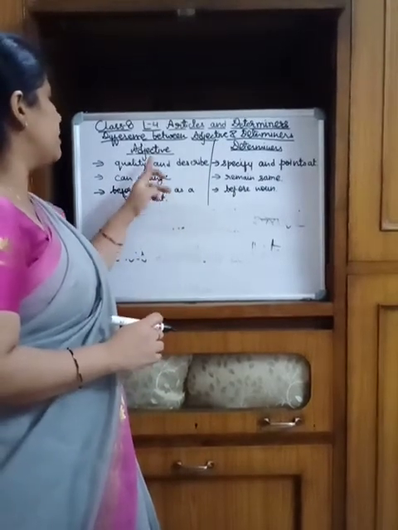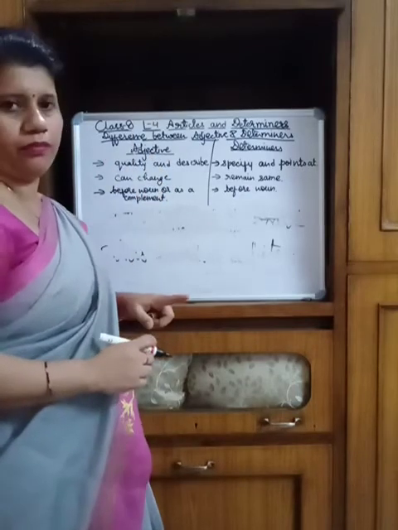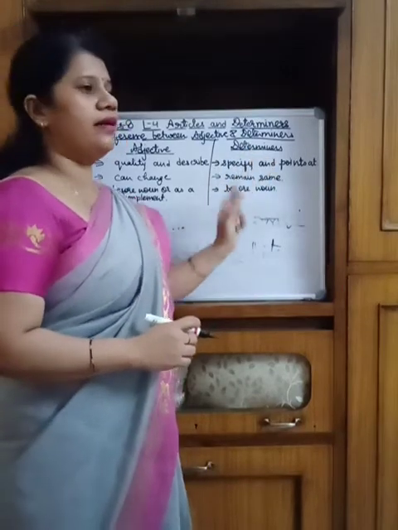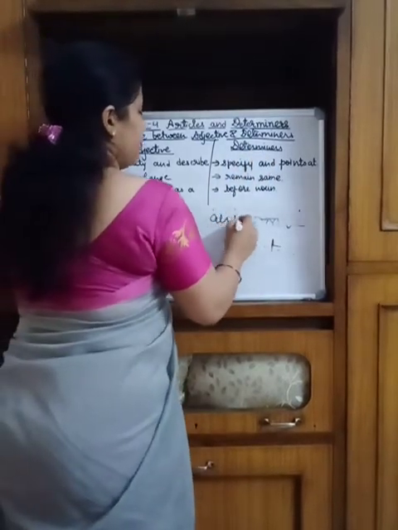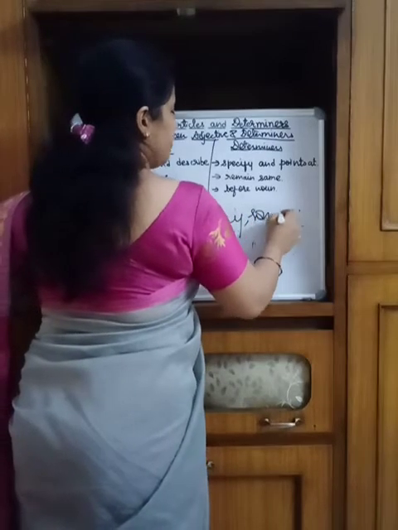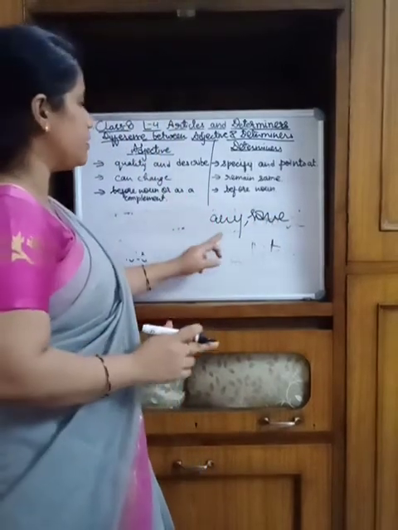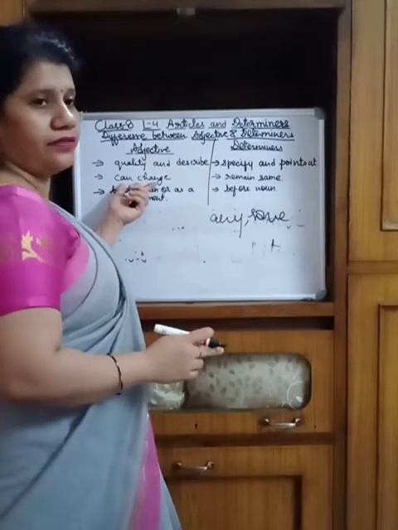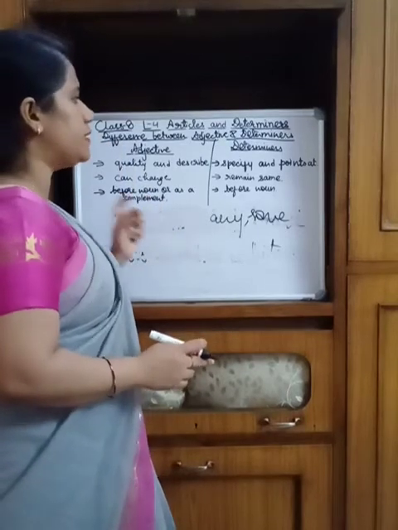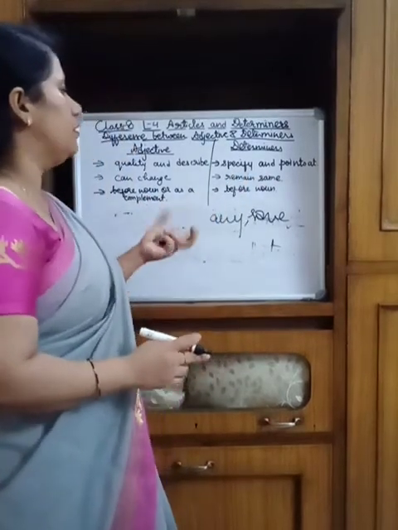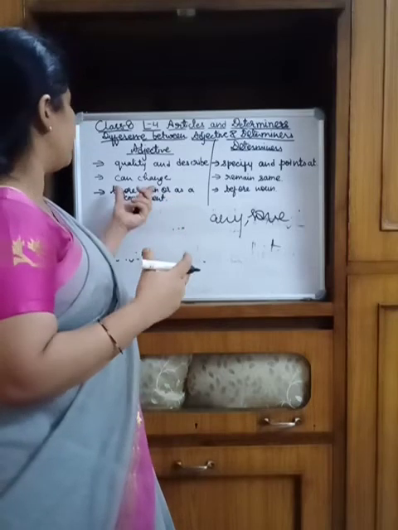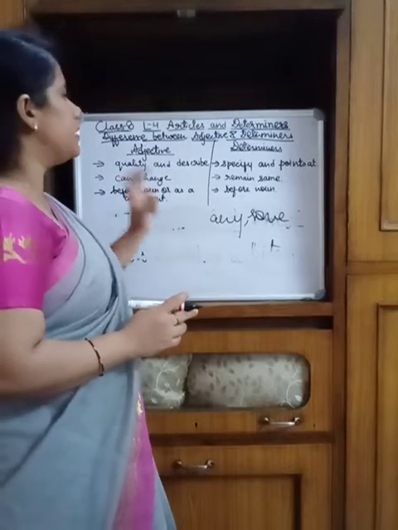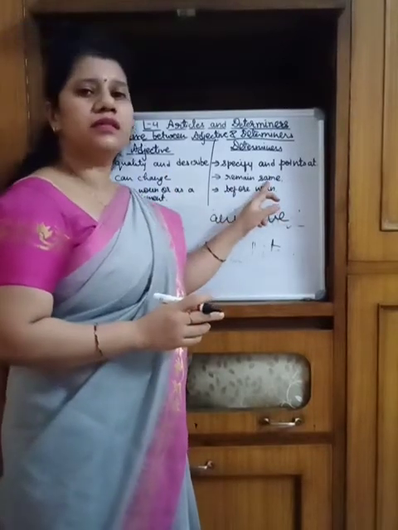So we can see that the adjective changes its form in all three types. But determiners like any, some, several do not change. They remain the same and don't have degrees as adjectives have. In a few cases determiners also change form, but mostly they remain the same.